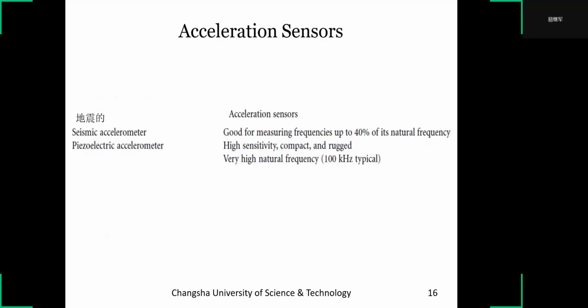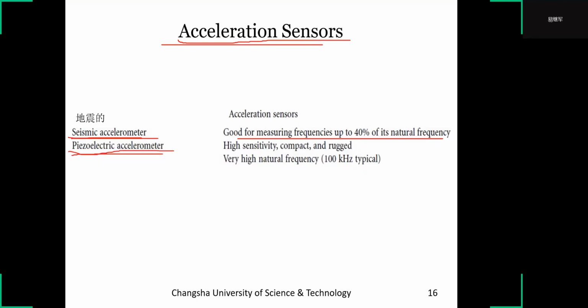Here is some comparison for the acceleration sensors. Seismic accelerometer, piezoelectric accelerometer. The seismic accelerometer is for low frequency, good for measuring frequency up to 40% of natural frequency.